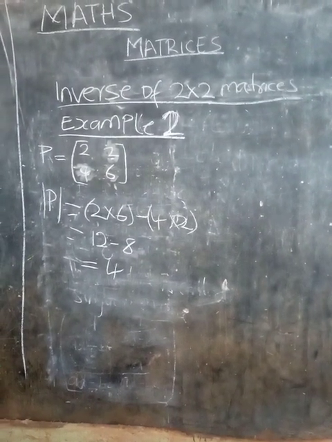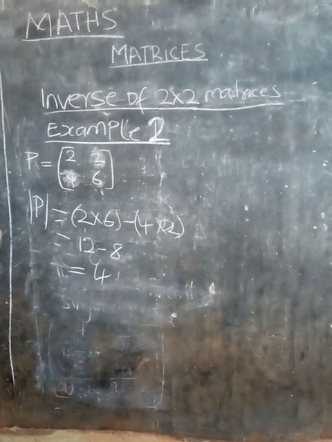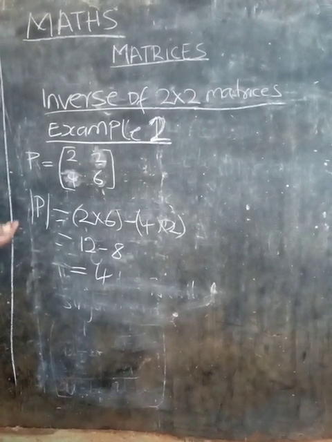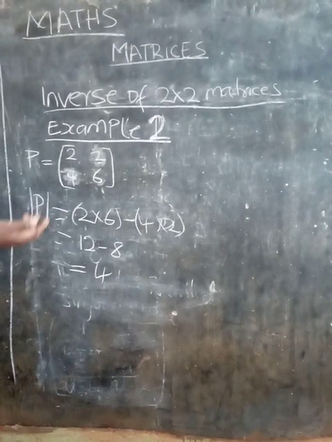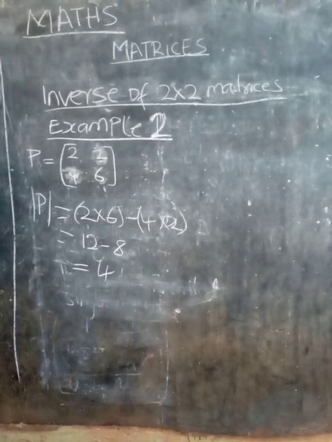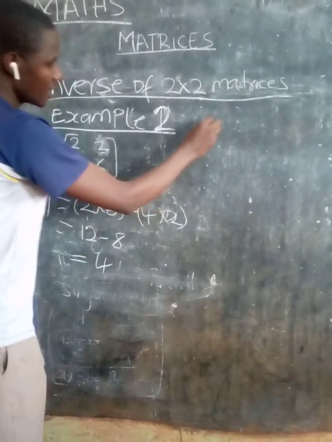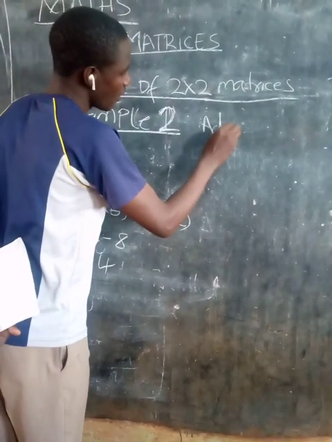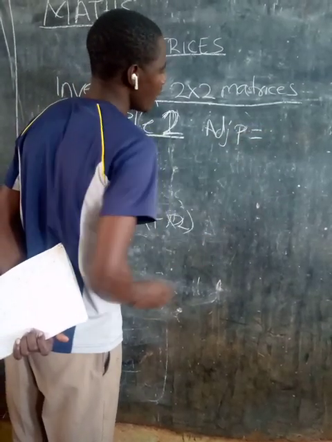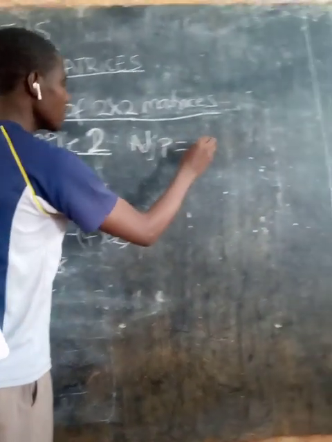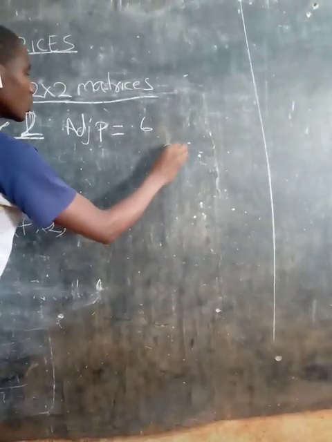But we said that when we want to find the inverse of a matrix, we take the reciprocal of the determinant, then multiply by the adjoint of the same matrix. So in this case, the adjoint of matrix P will be 6, 2.